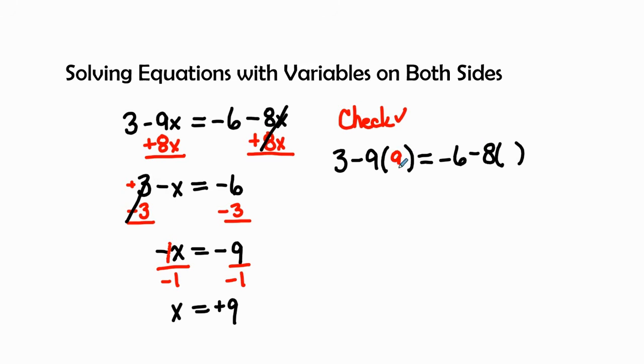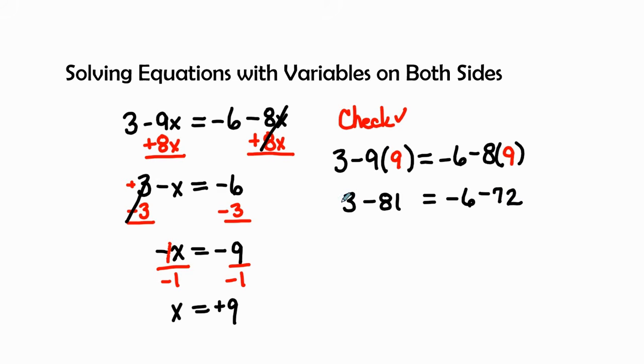So I'm going to put my 9 here, and I'm going to have a 9 there. So let's go ahead and bring everything down and simplify these parts where I'm multiplying two numbers together. So I have 3 and a negative 9 times 9 is a negative 81, equals a negative 6, and a negative 8 times 9 is a negative 72.